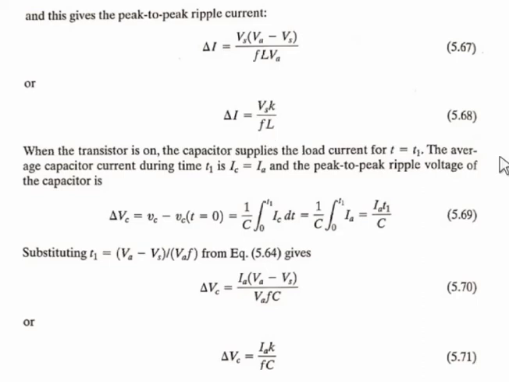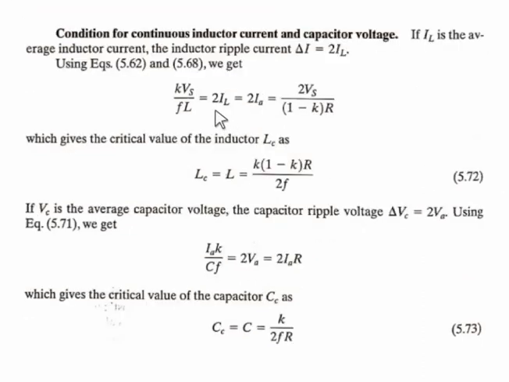So VsK divided by FL equal to delta I, and delta I equal to twice IL. The inductor current is the output current IA, so twice IL equal to twice IA, and twice IA equal to the load current, which is the output voltage divided by R, VO by R, but VO equal to Vs upon 1 minus K.